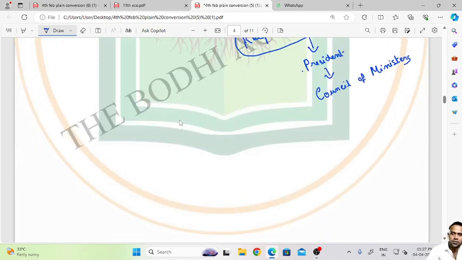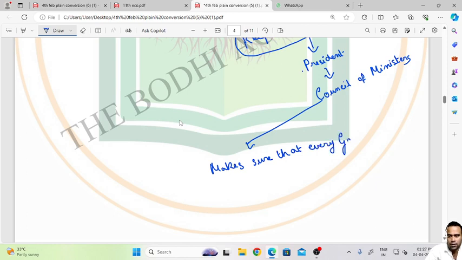Now these Council of Ministers make sure that every government rule and law is being followed properly.